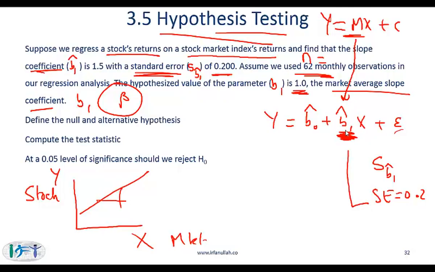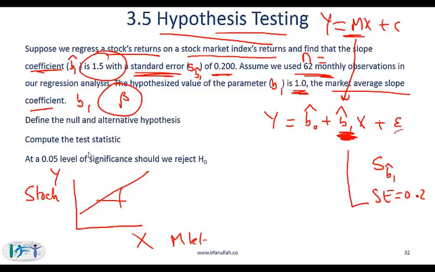And that is nothing but b1 from our regression model. Okay, so the null hypothesis is 1, and you are seeing whether this value of 1.5 is statistically different from 1 or not. So we will run a hypothesis test.